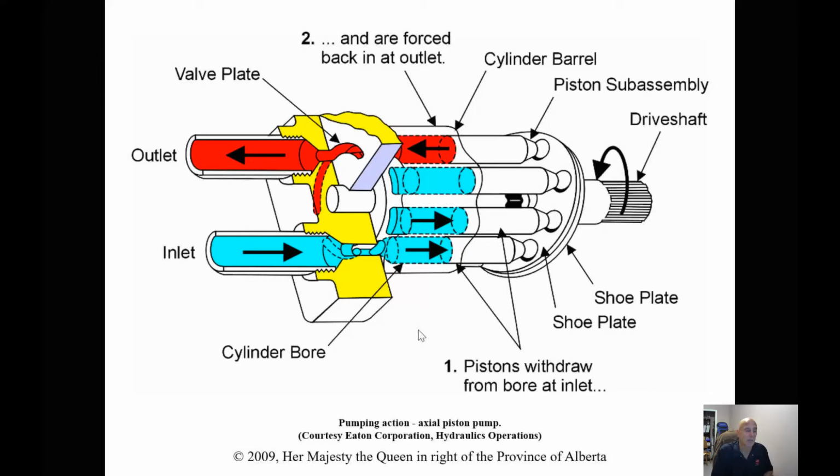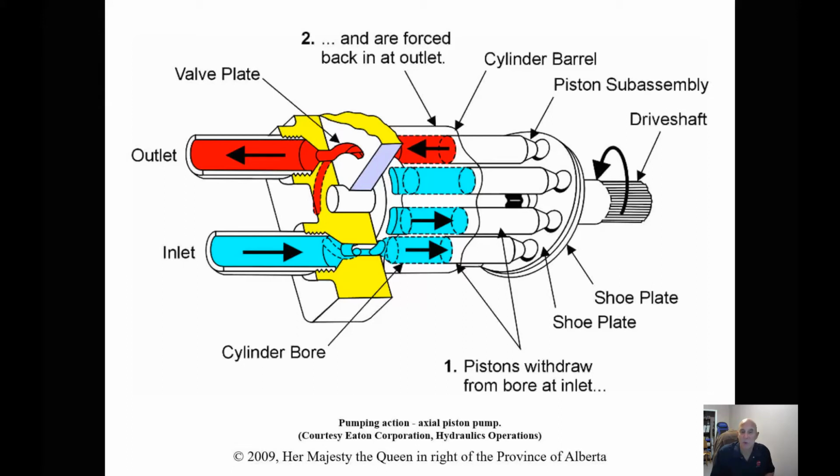The pump that we're going to see the most of is called an axial piston pump. So axial, they're in line. As the drive is turning, these plungers move in and out off of a swash plate. Now we can have an axial piston pump with a fixed swash plate, or we can have one that's got a variable swash plate.